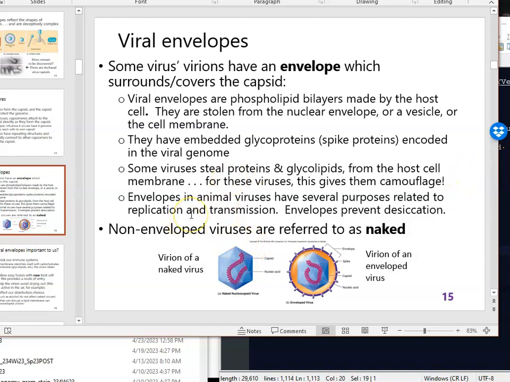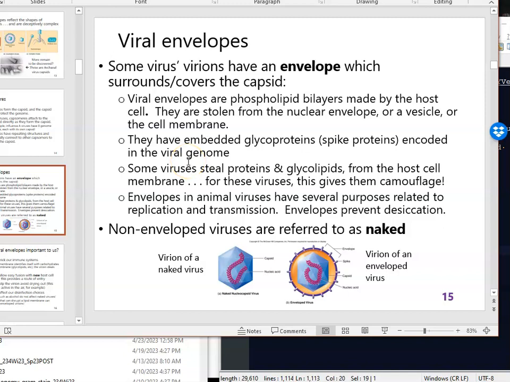And an envelope, well, it's usually a lipid bilayer, and it holds water in and protects the virion by preventing it from drying out, but also it can act as camouflage. So make sure you review what envelopes are and what effects they have.